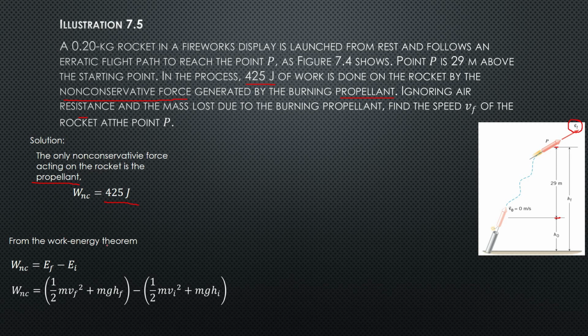So from the work energy theorem, the net work done by the non-conservative force will be equal to the change in mechanical energy. This gives us this formula: kinetic final plus potential final minus kinetic initial plus potential initial.